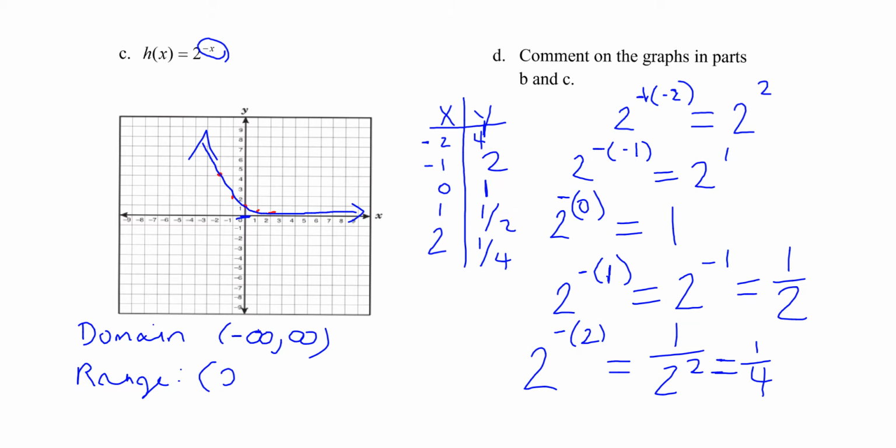So we're going to have 0, comma, infinity, and we'll put parentheses around all of that. Now, D says comments on the graphs in parts B and C. If you look at the two graphs, if you compare them, they are exactly the same, because 1/2 to the x power is the same as 2 to the negative x power.